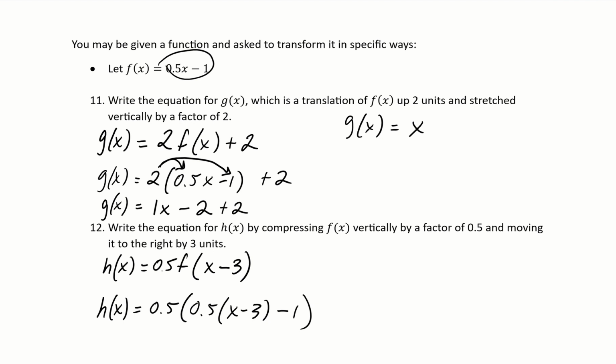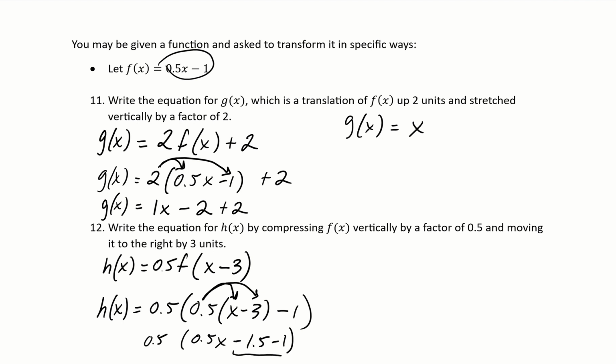Okay, we're going to deal with these parentheses one at a time, and we're going to do the inner ones first. So 0.5 times x is 0.5x. 0.5 times negative 3 is negative 1.5. And then we have our minus 1 still, and we multiply all that by 0.5.